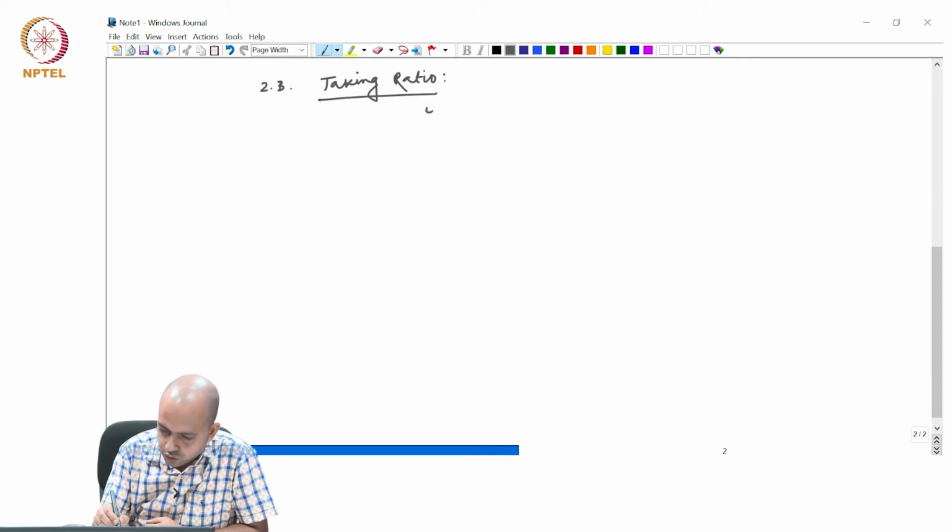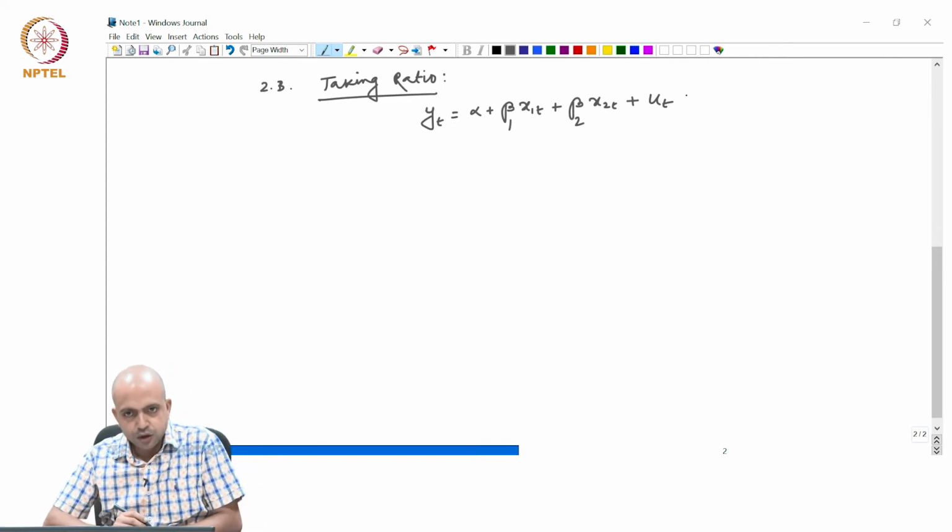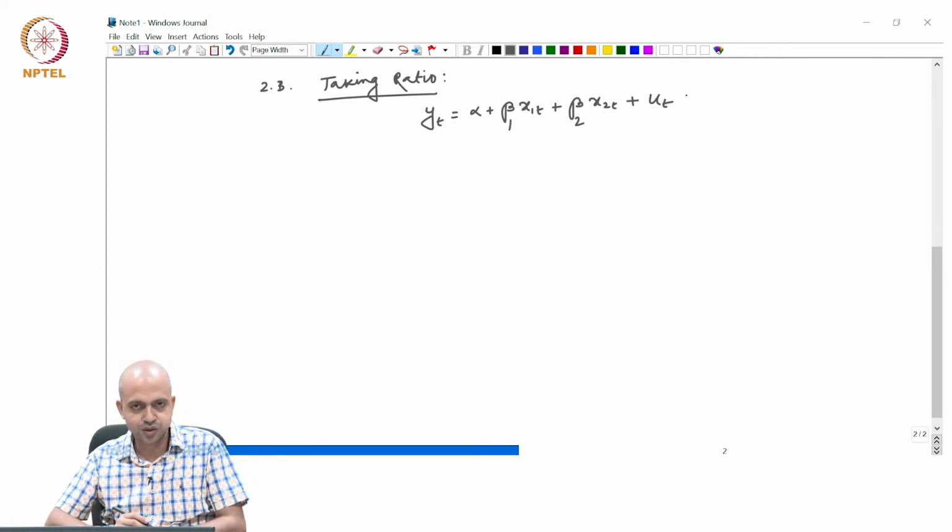So, your model is y t equals alpha plus beta 1 x 1 t plus beta 2 x 2 t plus u t, where x 1 t is GDP and x 2 t is population, and over a period of time GDP and population show some kind of linear trend. So, there is a chance that GDP and population would be highly correlated.